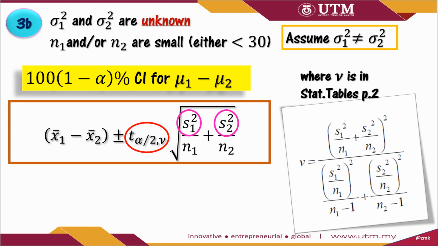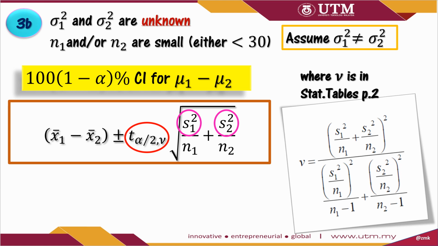You are expected to get a real value for nu when you substitute all the required information such as the sample variances s1 squared and s2 squared and the sample sizes n1 and n2 in the formula. However, to get a value of t alpha over 2 nu from the statistical tables booklet, what you need to do first is to round the real value of nu to the nearest integer.